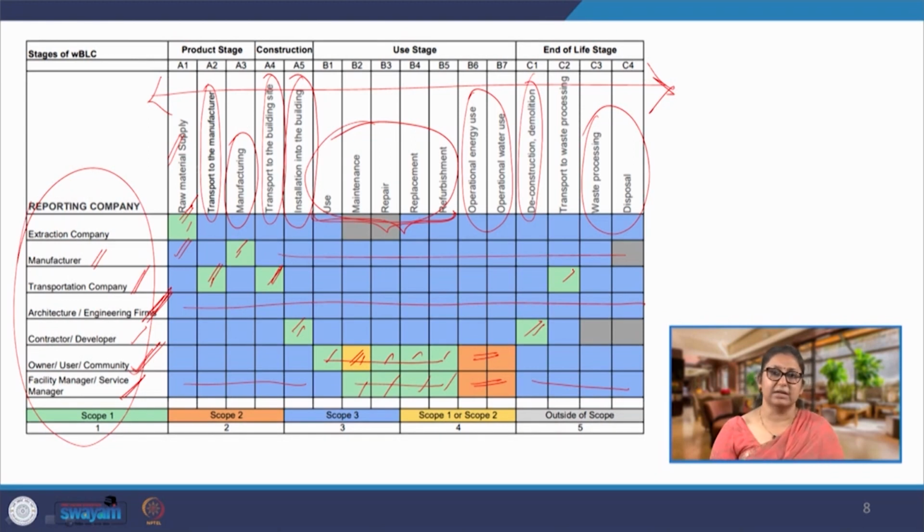It is the direct activity happening with that stakeholder, and the rest of the stakeholders, while still in the value chain, have less control over it. Sometimes they may have greater control, so then it may become scope 1 or 2, but in all other cases it will largely be in the value chain and scope 3. So, I hope this makes the understanding of building as a product very clear to us.